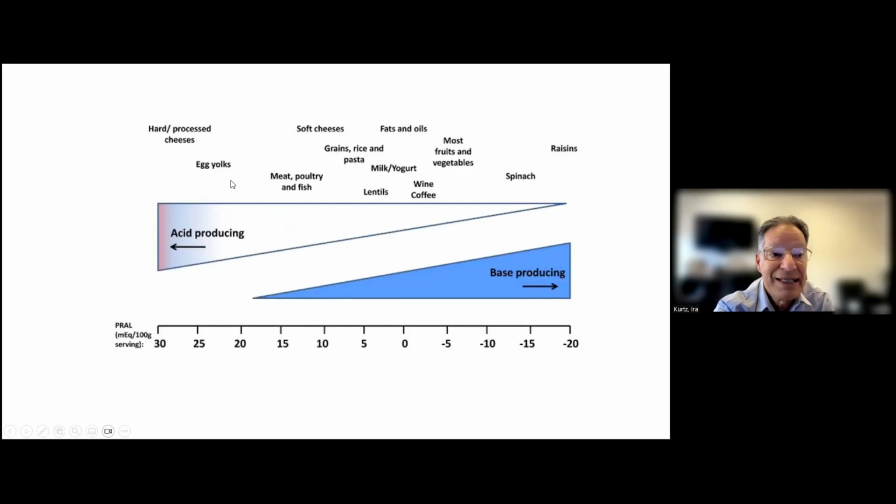So glutamate and aspartate are prevalent here, on the base side, and cysteine and methionine containing amino acids are on this side. And so it really depends on the amino acid. So lysine, arginine, cysteine, methionine make acid.